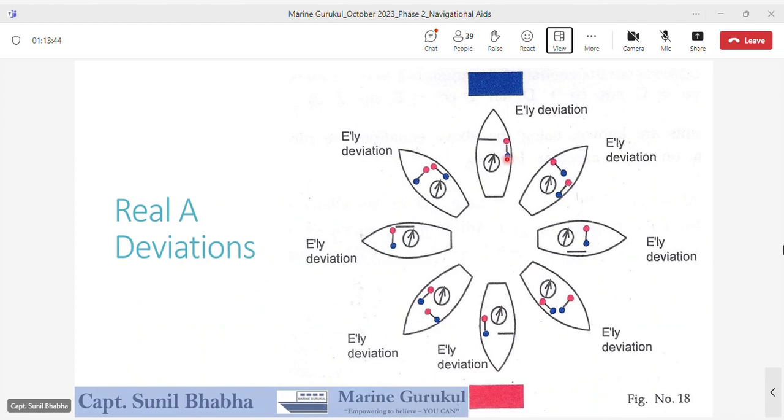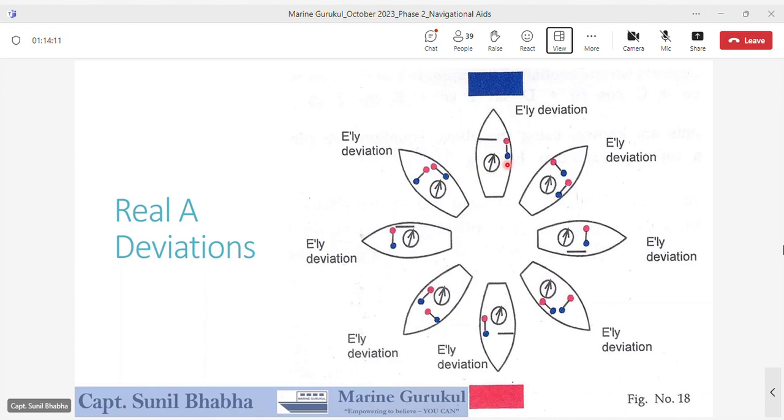Wherever the lines of force enter, that end gets a blue polarity. Wherever the magnetic lines of force are entering, that end of the magnet has a blue polarity. So that's why you see the aft end of the fore and aft longitudinal has a blue magnetic pole.